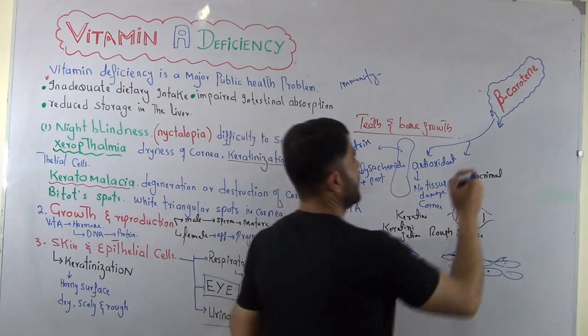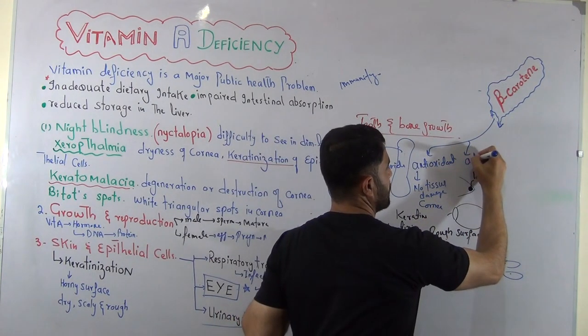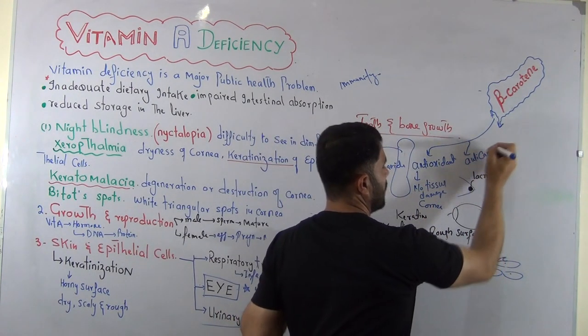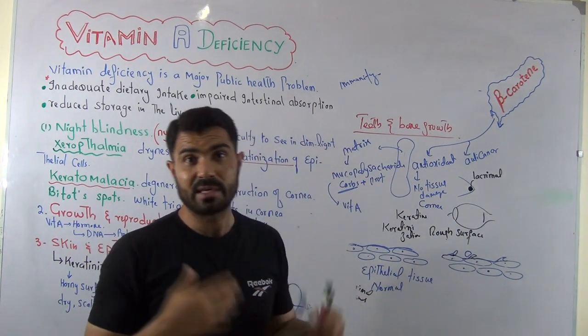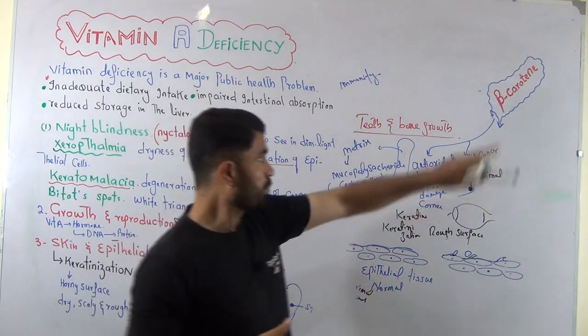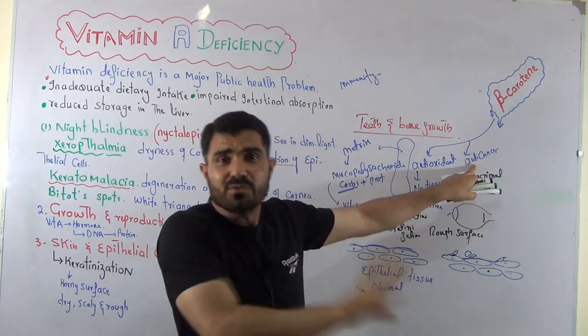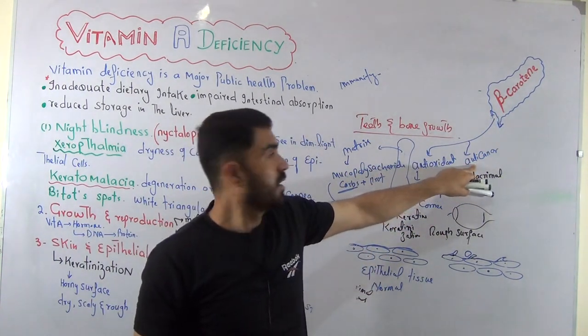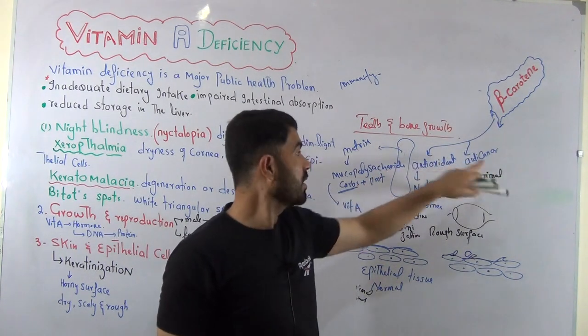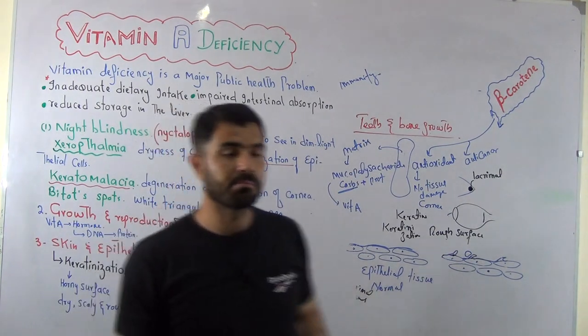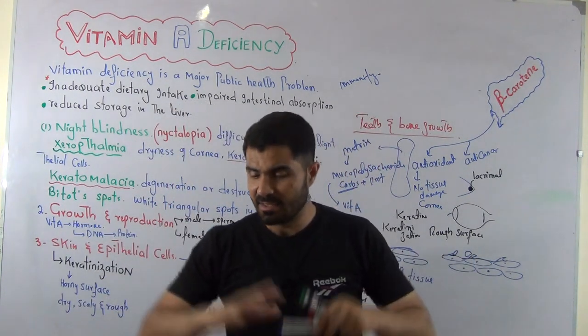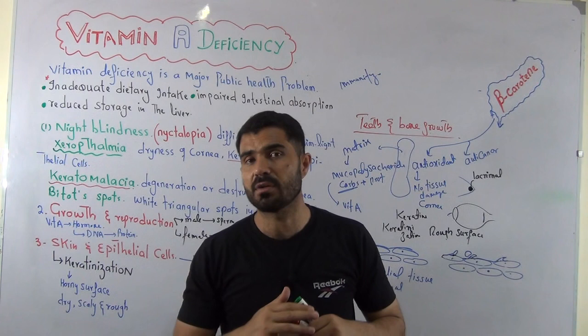And anti-cancer. Maybe if inside the cell some cells become cancerous, so beta carotene will help remove the cancer cells from the body. So anti-cancer power and antioxidant power, both are given from the beta carotene side. This was all about the deficiency of vitamin A.